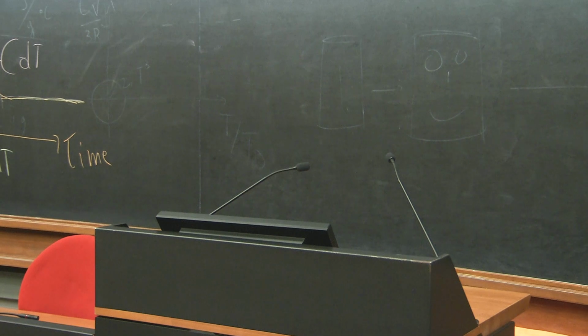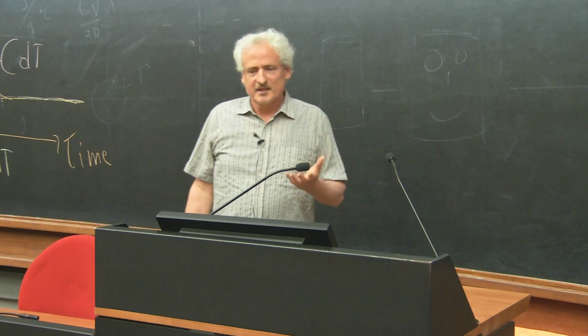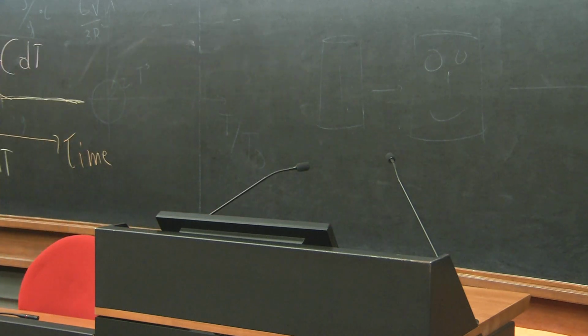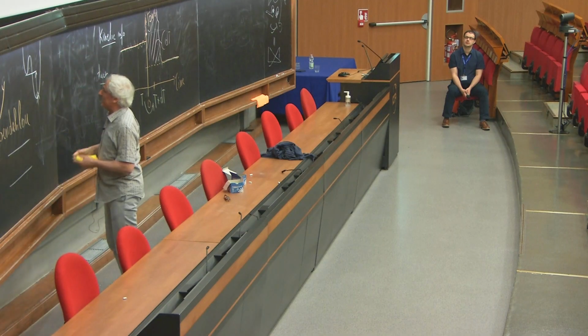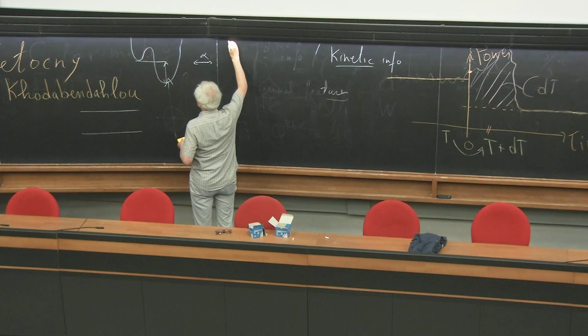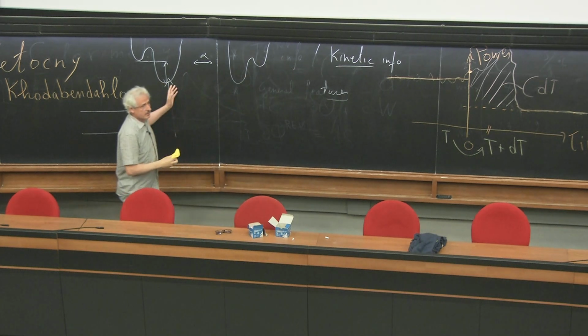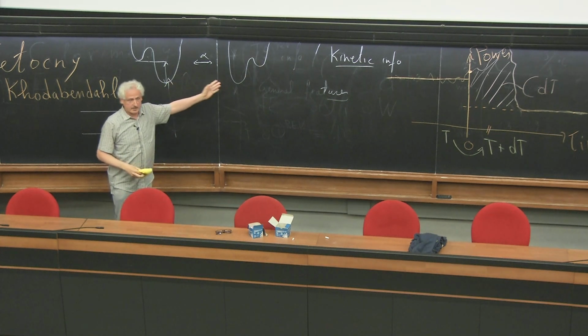So maybe I can give an example. Suppose I take maybe a stupid example, my two-level system again. So here is my two-level system. I make it into a switch. I switch it randomly at a rate alpha between these two.